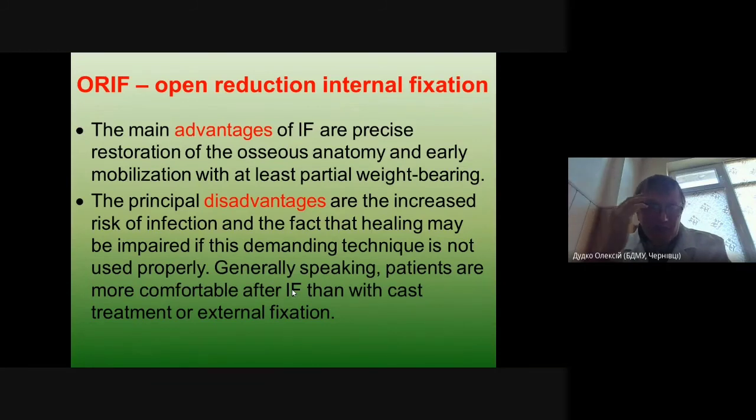For disadvantages, we're talking about high risk of infection, we have the risk of general anesthesia, and we have to remove the device later in most cases. Also, usually higher costs for surgical treatment because an implant is needed and some additional materials are needed for the operating room. But rehabilitation is much quicker. So there are merits and demerits.